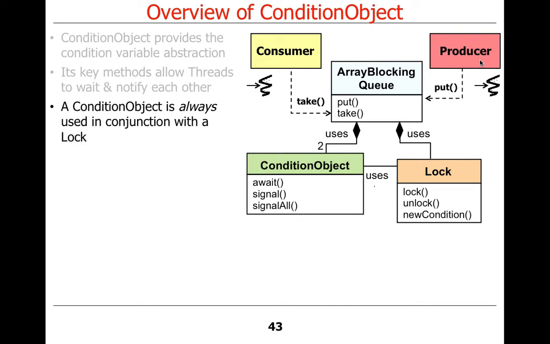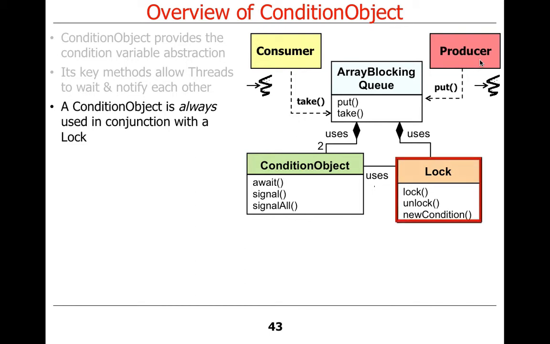Likewise, when you use a monitor object, that is also associated with a lock. And in the case of a monitor object, it's associated with the intrinsic lock that is this. And so, of course, you have to make sure that when you call wait or notifyAll on a monitor object, that the this lock is held, either because it was a synchronized method or you're in a synchronized block. If you don't do that properly, you'll get an IllegalMonitorStateException.